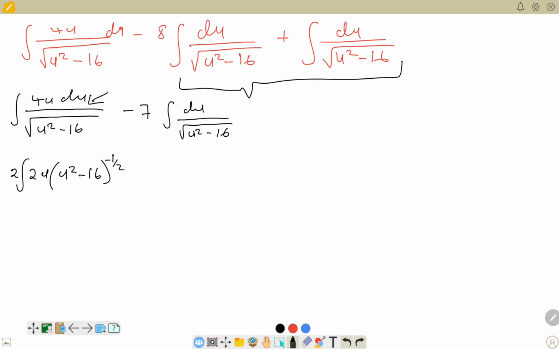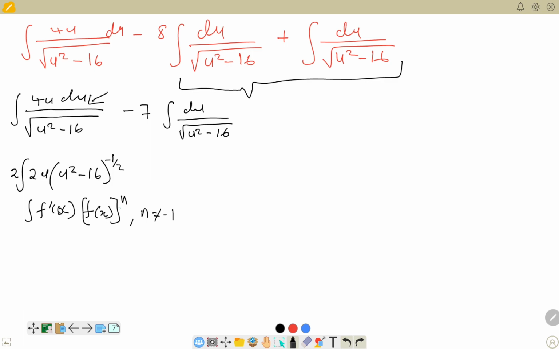So I can see that now here, there is a formula that we can use, which says integral of f prime of x times f of x to the power n dx, provided that n should not be negative 1, and we can see that now our exponent there is not negative 1, it's negative half.